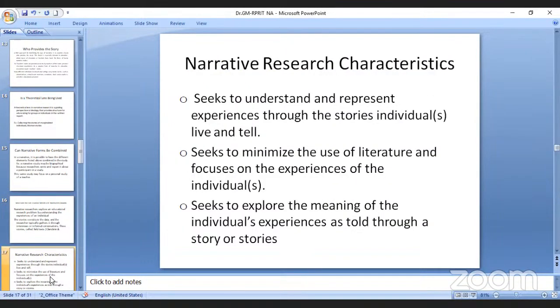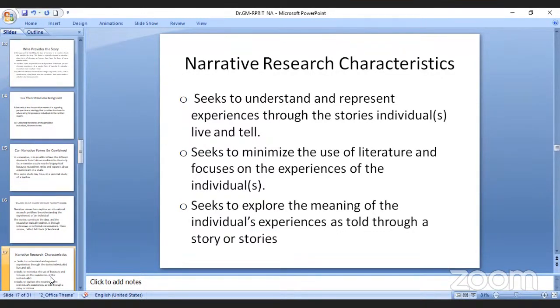Then narrative research characteristics. First, it seeks to understand and represent experiences through the stories individuals live and tell, their own life and other lives.